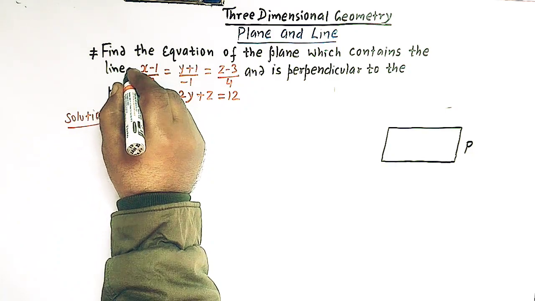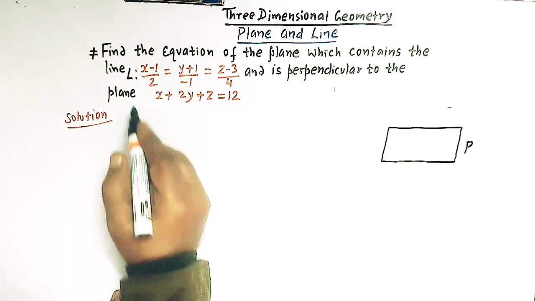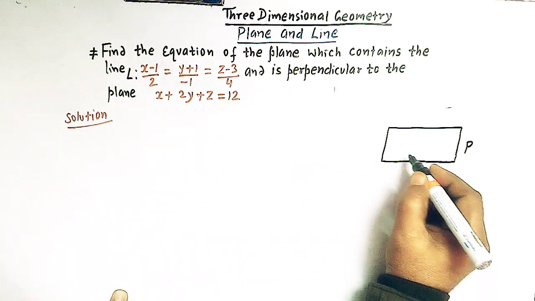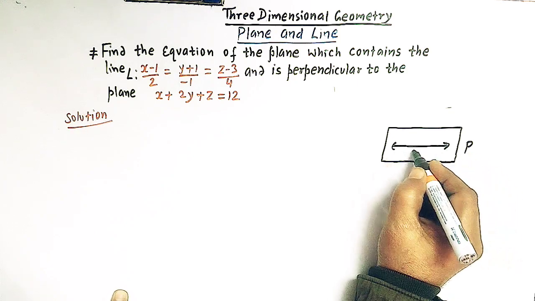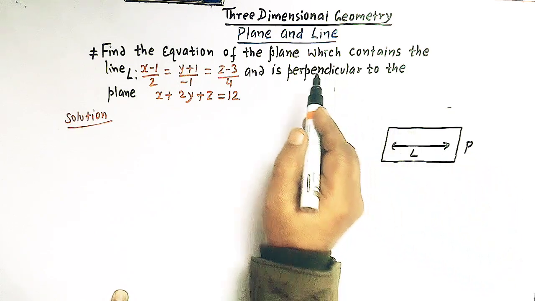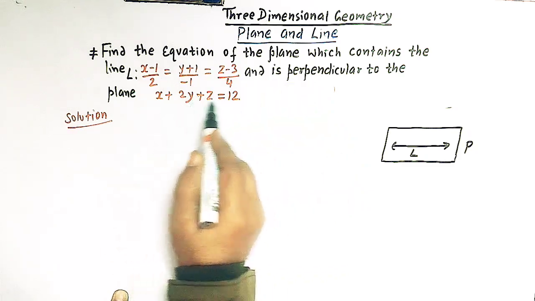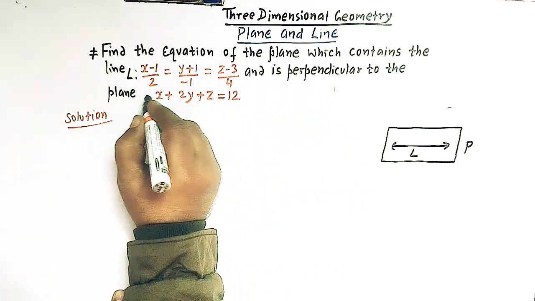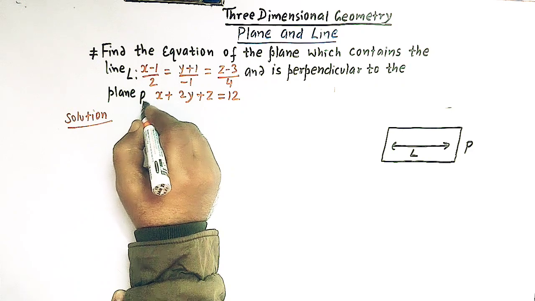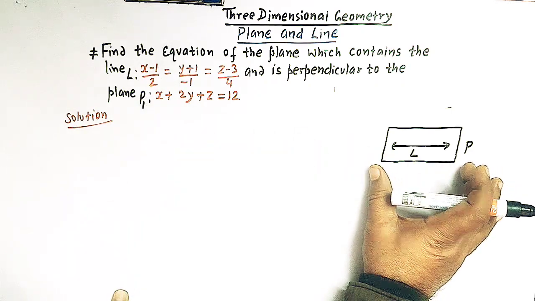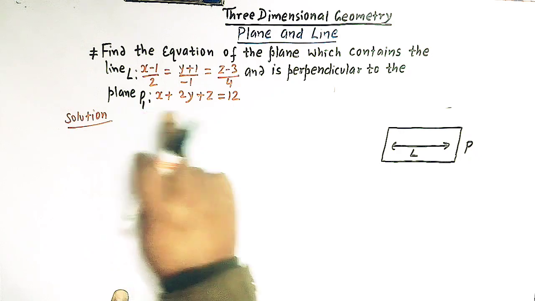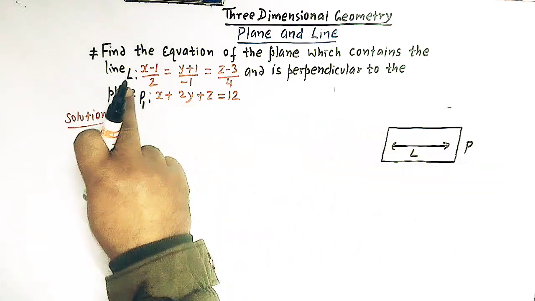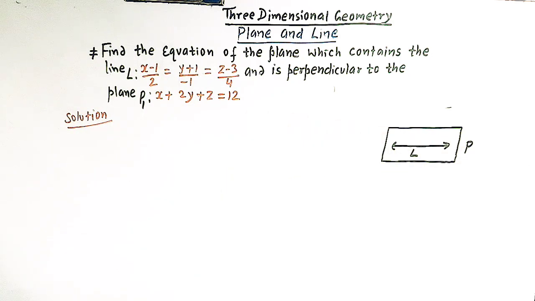Suppose this line is denoted by the capital letter L. And this plane is perpendicular to this plane, so let us call this plane P1. So our plane P is perpendicular to plane P1, and plane P contains this line L.